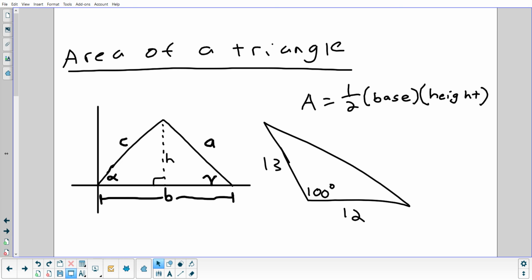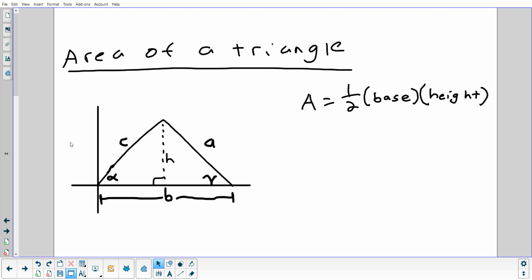So, how could we find the area of it? Well, we don't have to use law of sines or cosines. You could try to do something fancy to find the height, or let's look at what happens here. So you wanted to find the height of this triangle. And you want to represent the height in terms of this angle and this side.